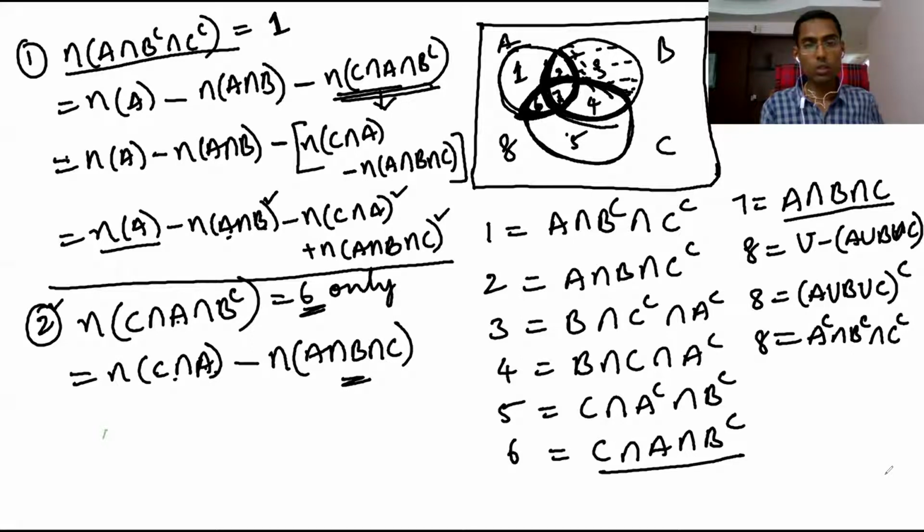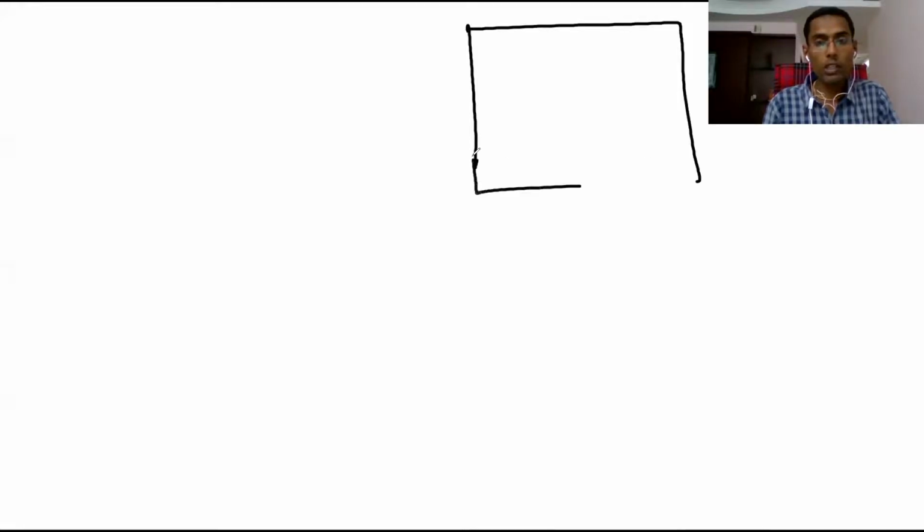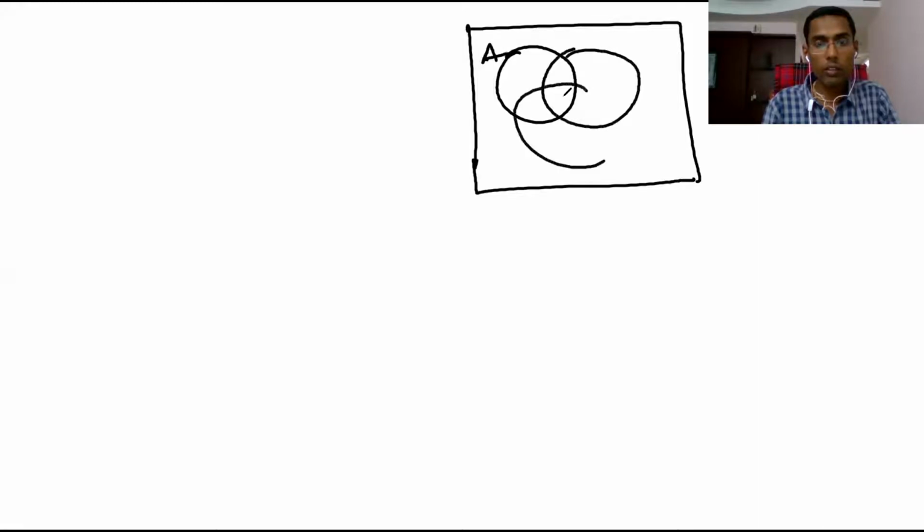Okay, now I am writing again for your understanding. This is A, this is B, this is C. So this is the 1, 2, 3, 4, 5, 6, 7th part.